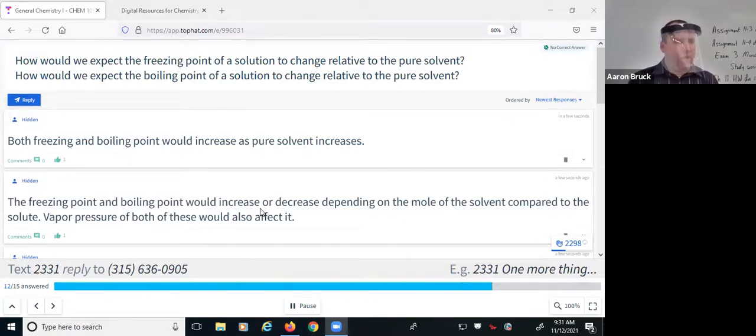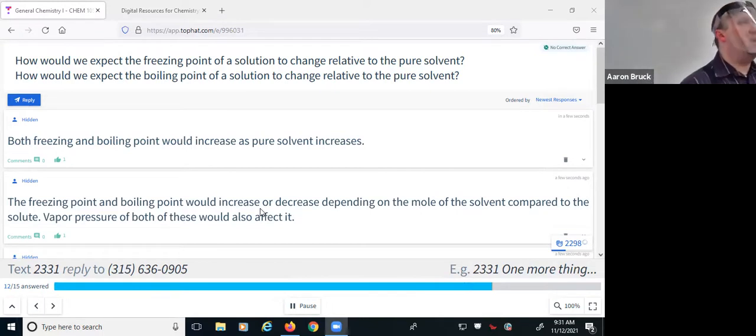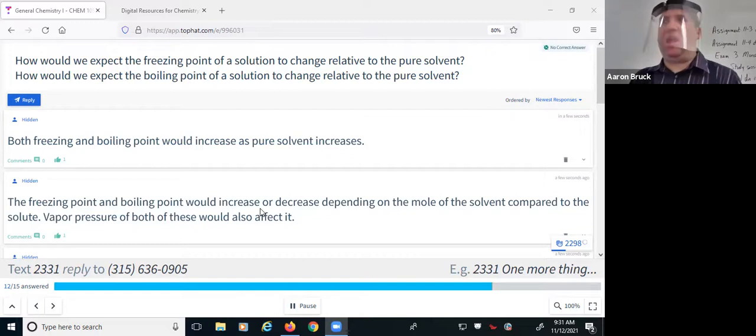Okay, so the general gist that we're putting out here is that we know both are going to change. If I had to take a group consensus, we would say that both of them would increase as a result. And the answer there is, well, you're half right.